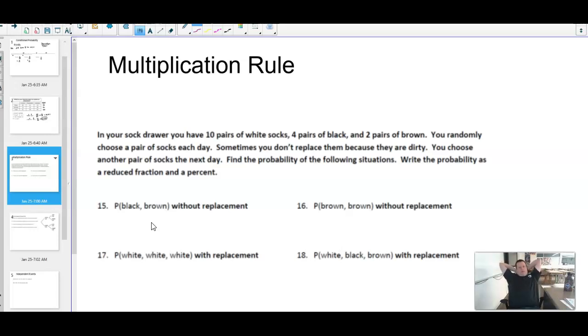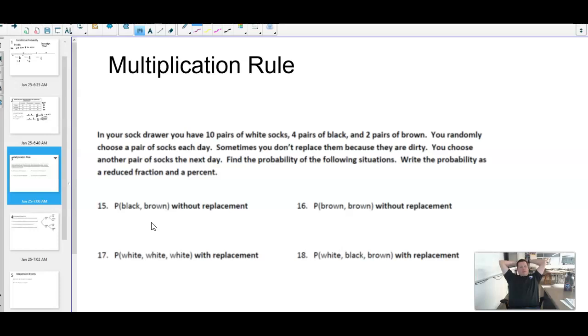This is just a made up example, but it fits. Let's say we've got a sock drawer, and we know that there are 10 white, 4 black, and 2 brown pairs in that drawer. You're just going to randomly choose one pair and then another pair, and maybe a third pair.